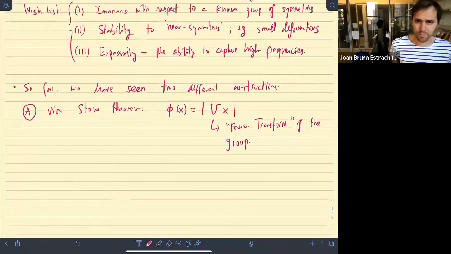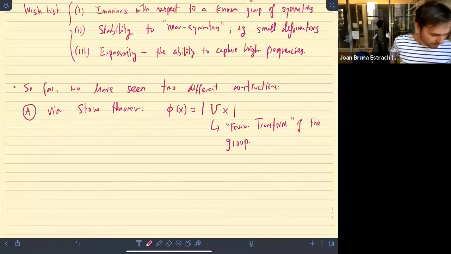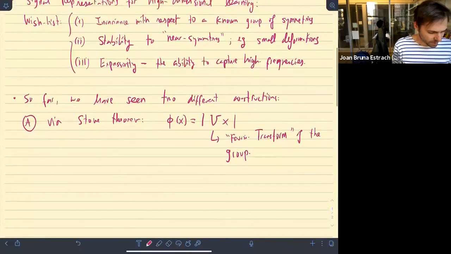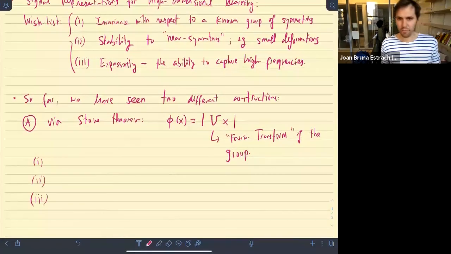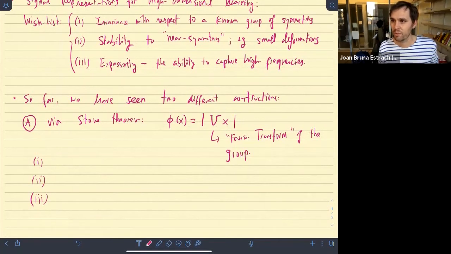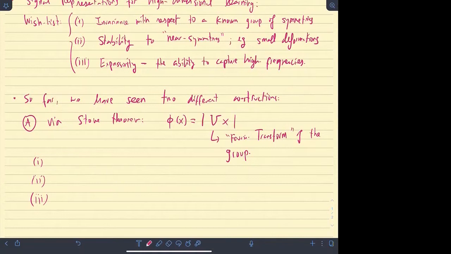And we concluded last week, so what are the properties that these representations satisfy? In terms of the wish list, does this representation satisfy the first requirement? Just checking that people are following. Yeah, it was invariant. Yes, good.